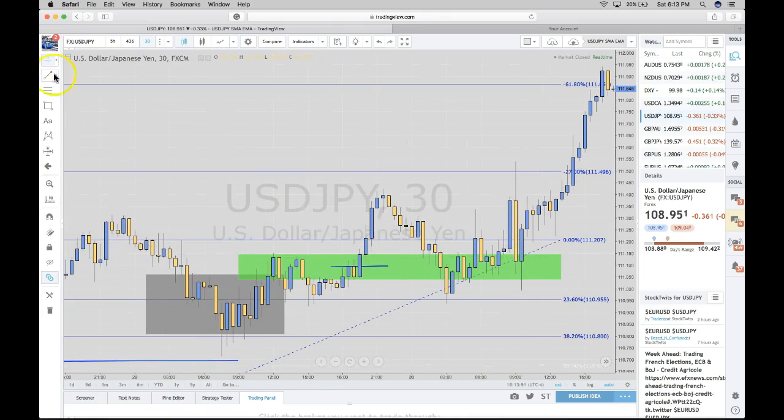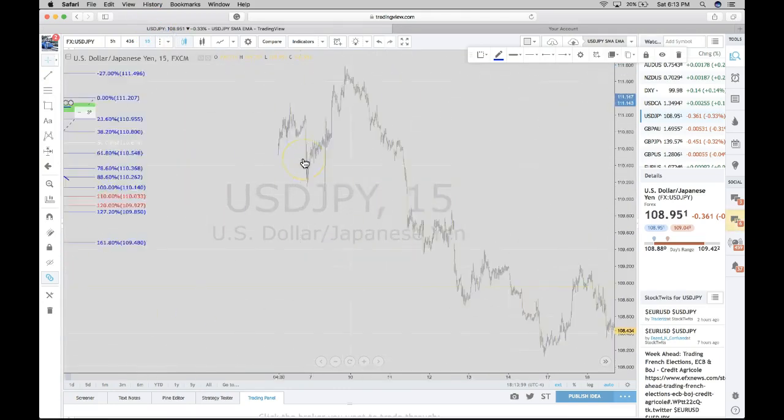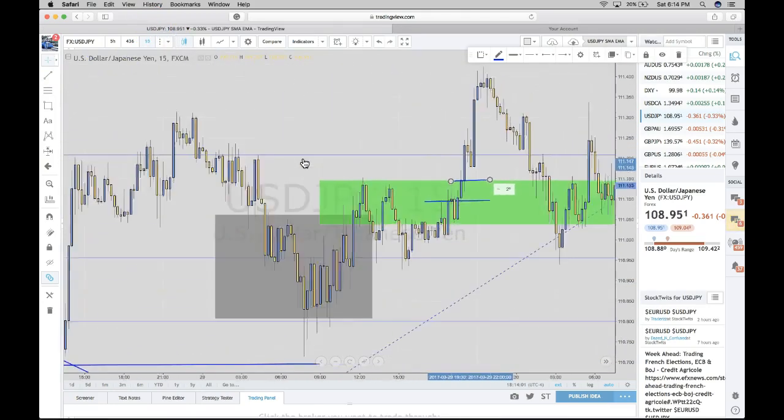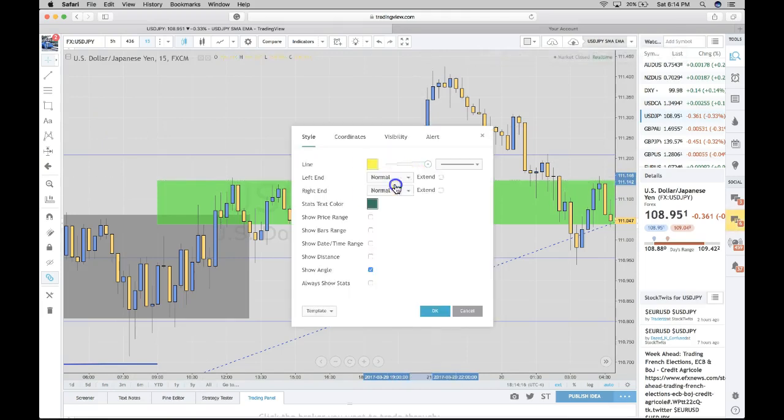You could have entered based off of the close of this bullish candle right here, based off the 30-minute chart, or enter on the 15-minute chart right here. So this right here was your entry based off the 4-hour time frame, which I'm going to put as yellow.